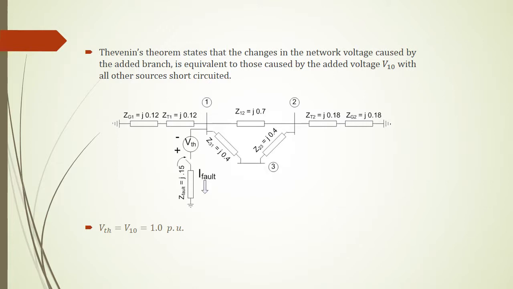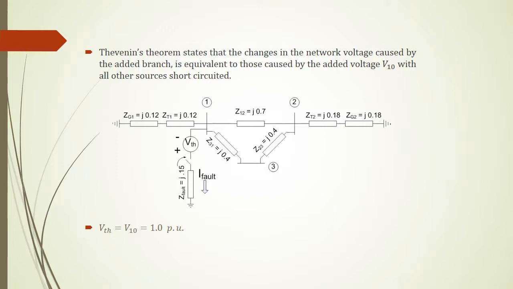Thevenin's theorem states that if we have a circuit like this, we can replace the circuit with a Thevenin voltage source, and the other circuit components like voltage sources will be 0.